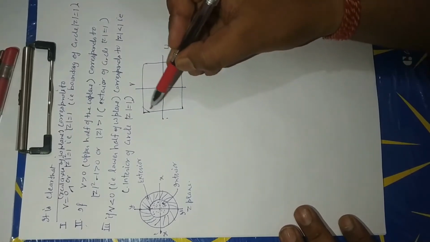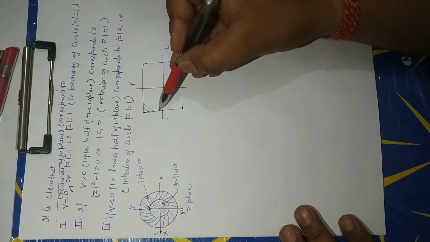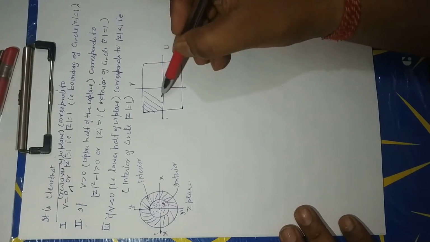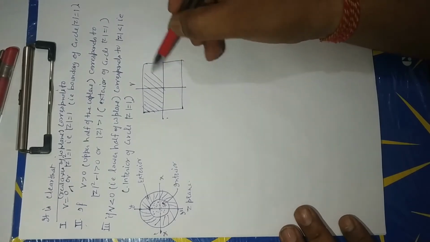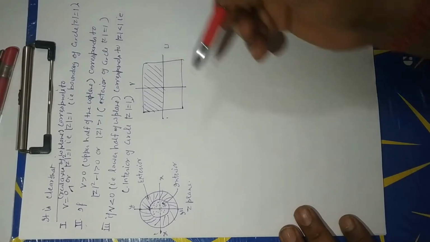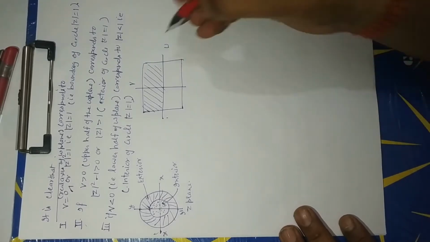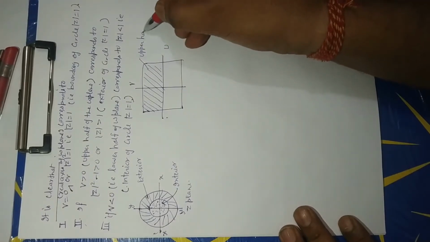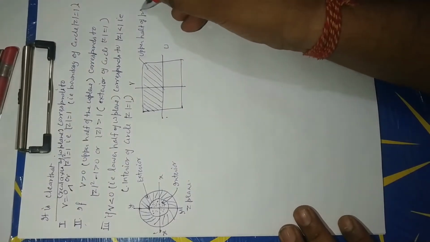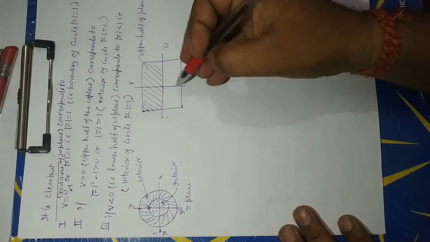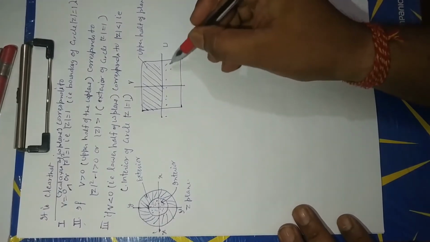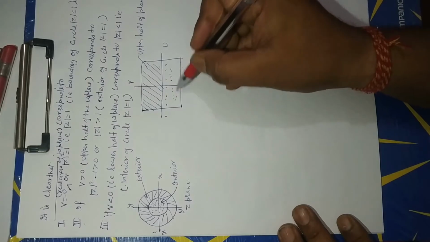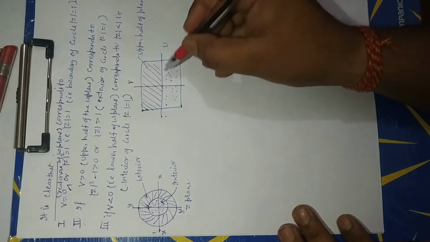This exterior area corresponds to this region, the upper half of the plane. Now this is the interior area of the z plane.